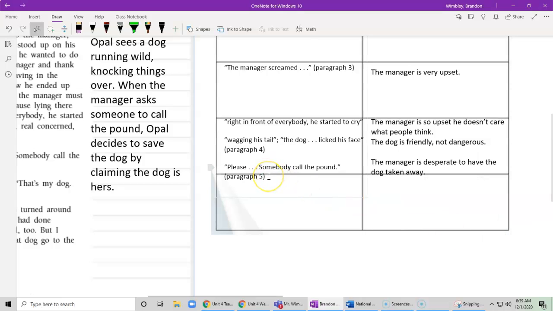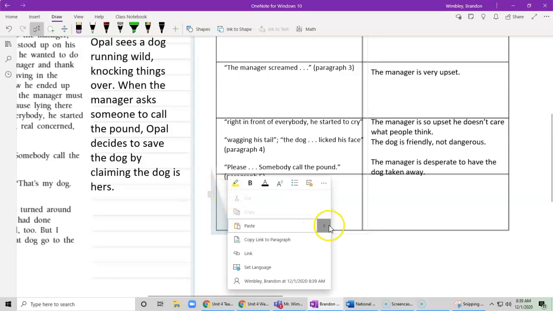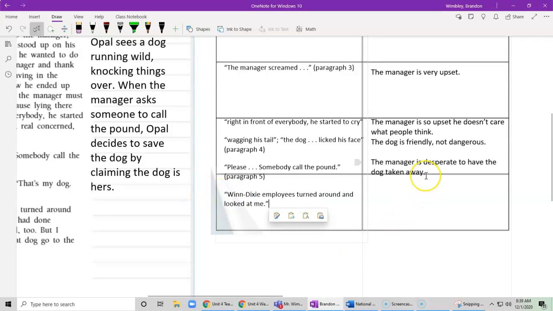Now, what else do I have? Well, I also have this sentence. Winn-Dixie's employees turned around and looked at me. And it doesn't really tell us why they're looking at her, but we have to make that inference. What has this dog been doing this entire time? This dog has been causing chaos. And oops, I forgot to put that paragraph 7. And so, why are these employees looking at her?